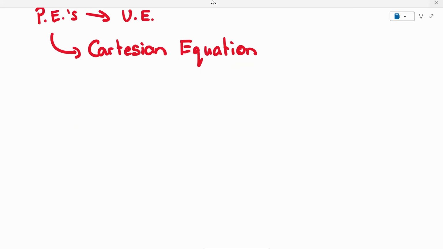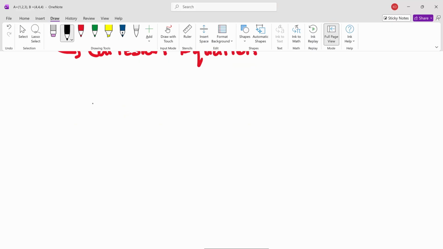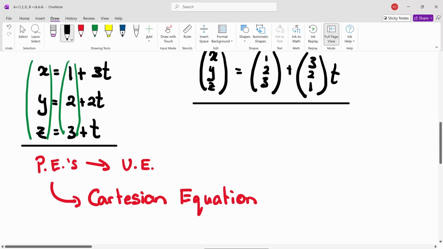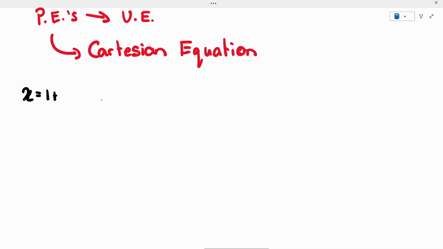So the x equation will become, right, so we had x is 1 plus 3t. So we have x minus 1 is 3t. So x minus 1 divided by 3 is equal to t.